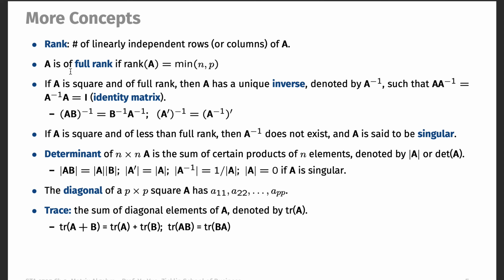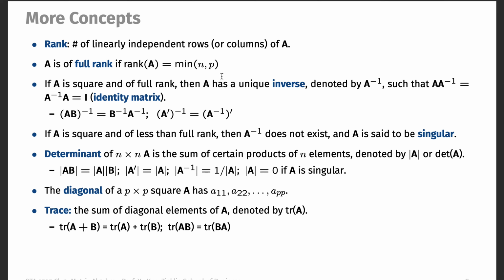Now, the number of linearly independent rows or columns of A. So if A is an n by p matrix, then the rank of A is always less than or equal to the minimum of n and p.